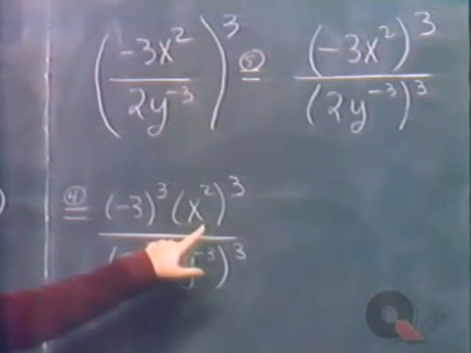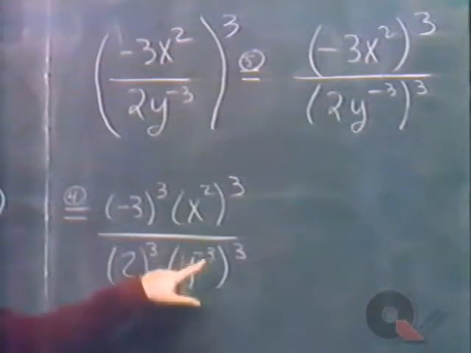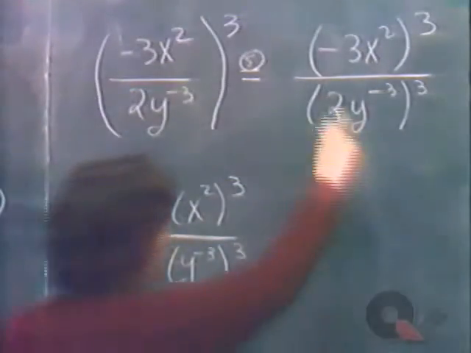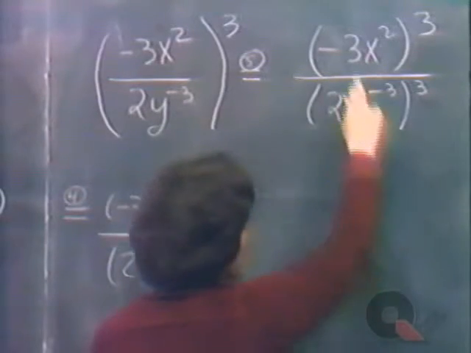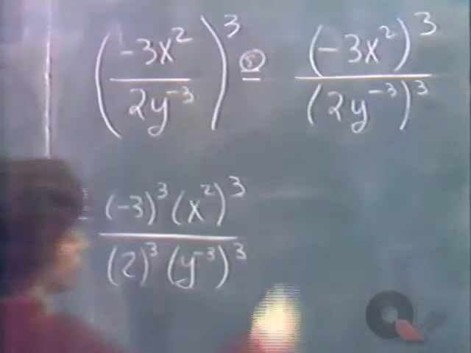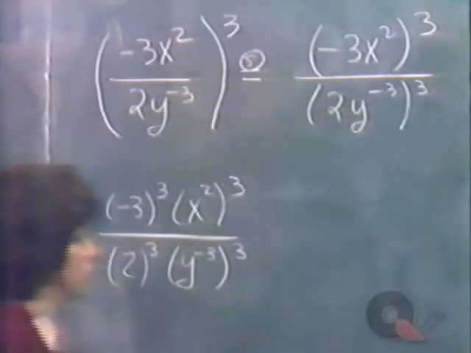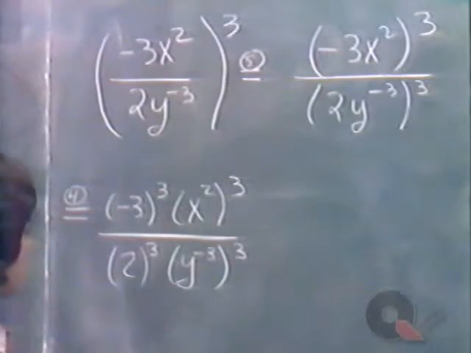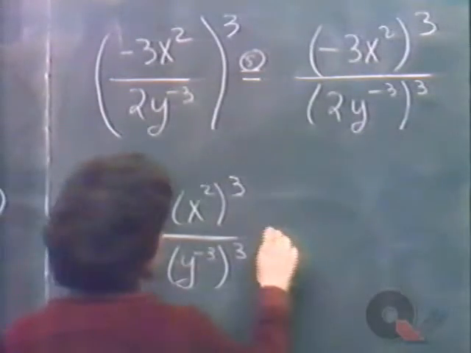We're distributing the power all the way through. We can do that because this is all multiplication. We could not do it if there was an addition sign in there, or subtraction. It doesn't work for sums and differences, only for products, and over here for quotients.